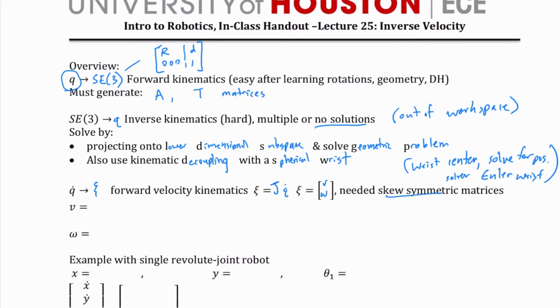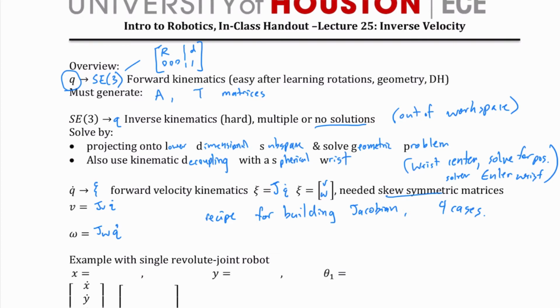To do this, we needed our skew symmetric matrices to represent our rotation, and then we could break up our Jacobian in the top rows, which are for velocity, Jv times q dot, and we could have our J omega times q dot. And we had a little recipe for how we build our Jacobian, and hopefully everybody made a crib sheet to remember that, but there were 4 cases. So the forward velocity kinematics were also not too challenging after you build that crib sheet.